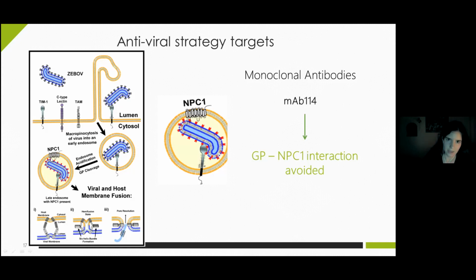So this antibody binds to the region of the viral glycoprotein that would normally interact with the host cell NPC1 receptor, which is a cholesterol transporter. So in case of having the normal interaction and the membrane fusion, the interaction is avoided by the binding of the antibody to the GP. And so we have inhibition of this specific stage in the viral life cycle.